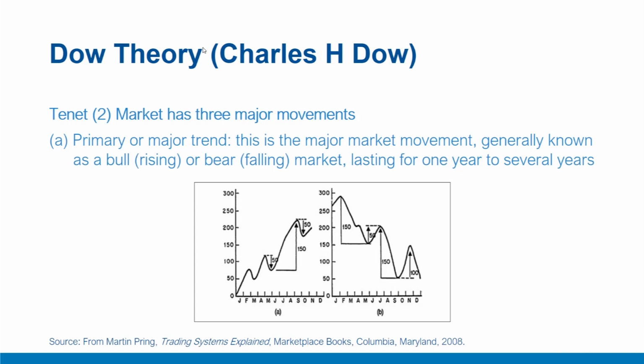The most important in this is the primary or major trend, more generally known as a bull rising or bear falling market. For example, a movement like this: primary major bull or primary falling bear trend. A primary bear market is a long decline interrupted by important rallies.